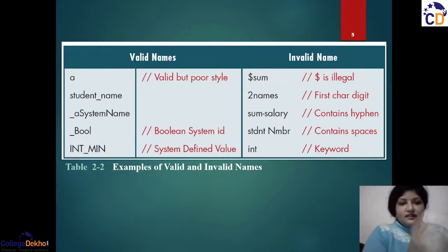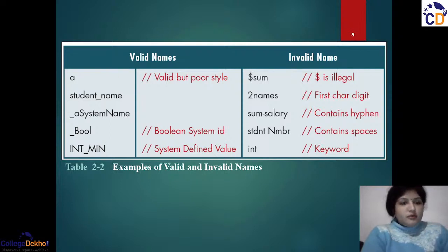Let us see the valid names, how to define an identifier. Suppose we are defining A. A is a character, it could be possible, but it's poor style because A is an irrelevant name. Then we have student underscore name, as I was telling you. The third identifier name could be a system name.